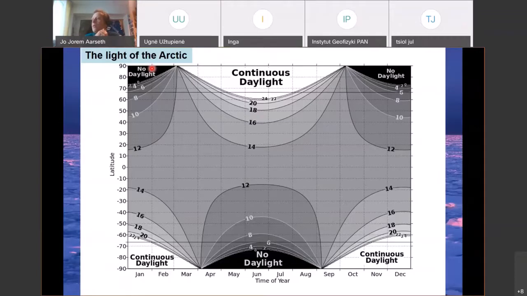When it's winter, there will be less and less hours of daylight every day until the beginning of October. Then you have periods with no daylight, and this increases until November, December, where you have absolutely no light at all. So the changing hours of daylight can tell animals what kind of season to expect.